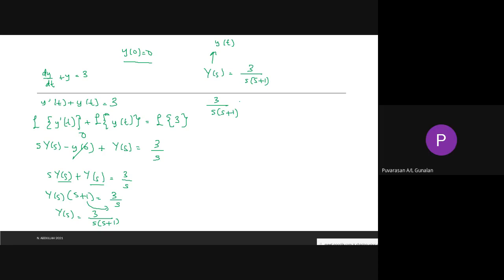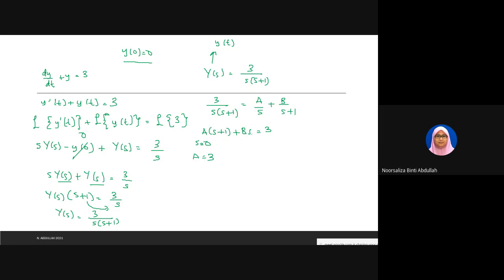Partial. So if you use partial fraction, it will be A over s plus B over s plus 1. Then you have A(s plus 1) plus Bs equals to 3. You can find A if s equals to 0, then A will be equals to 3.